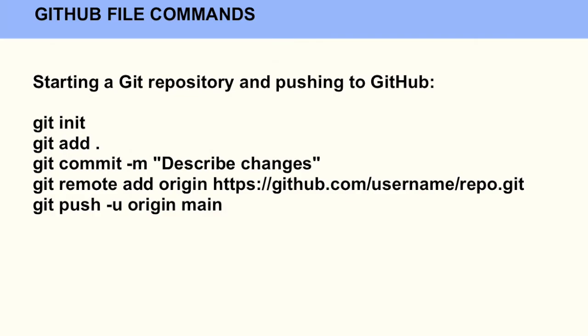Then, git commit -m "describe changes" creates a commit, which is a snapshot of your project with a message explaining what was changed. After that, git remote add origin https://github.com/username/repo.git links your local repository to a remote GitHub repository named origin. Finally, git push -u origin main uploads your committed code to the main branch on GitHub and sets it as the default remote branch for future pushes.